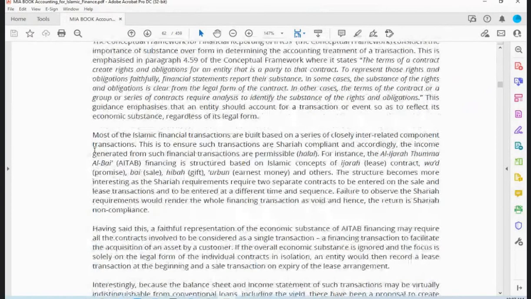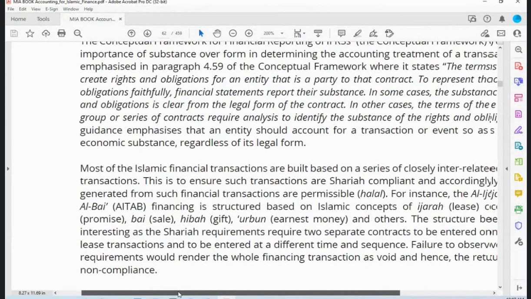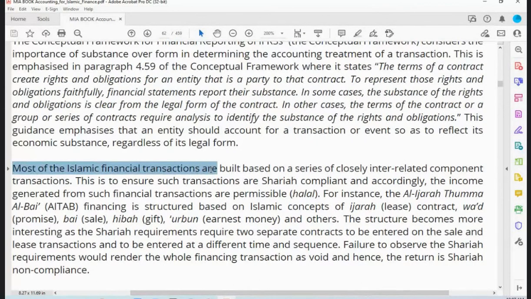When you learn about Sharia contracts, you know that basically one product can combine two or more Sharia contracts. It will combine lease with buy, musharakah with leasing, and so on. Most Islamic financial transactions are built based on a series of closely interrelated components.